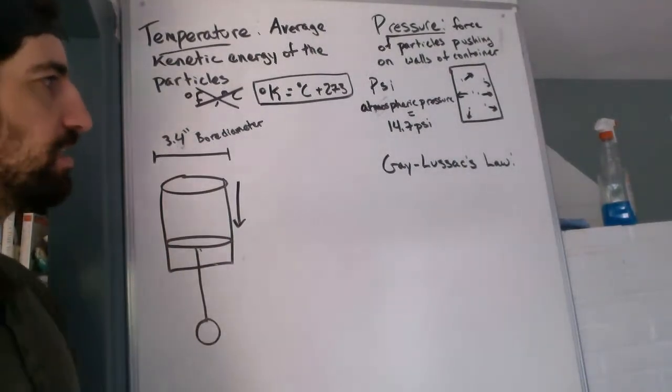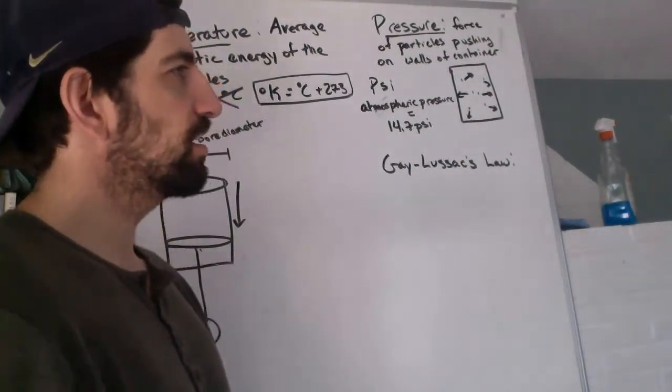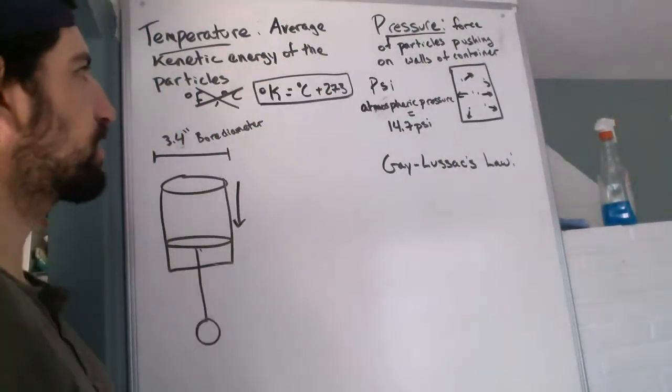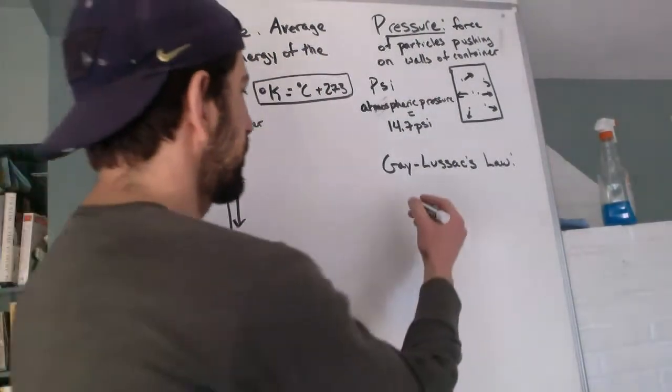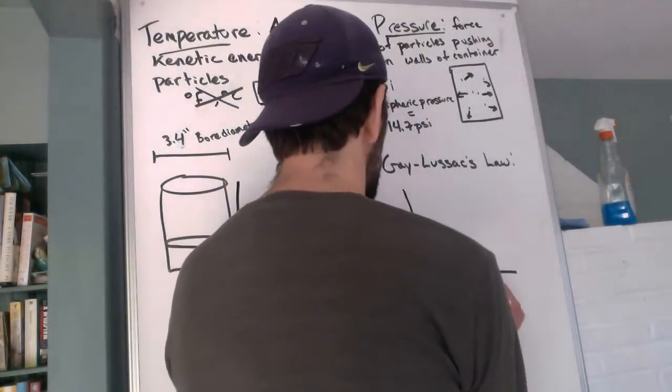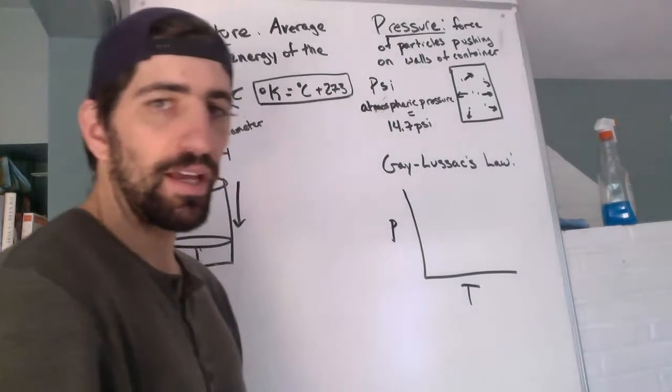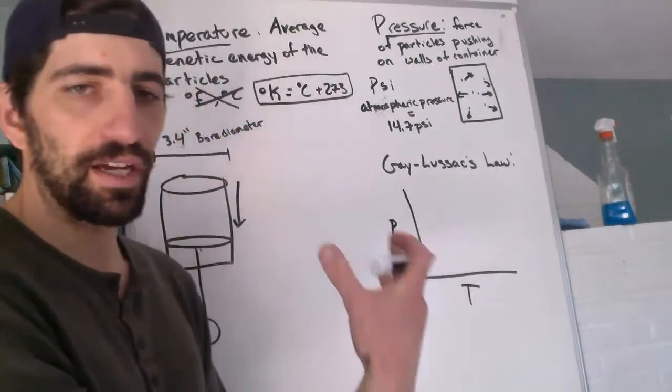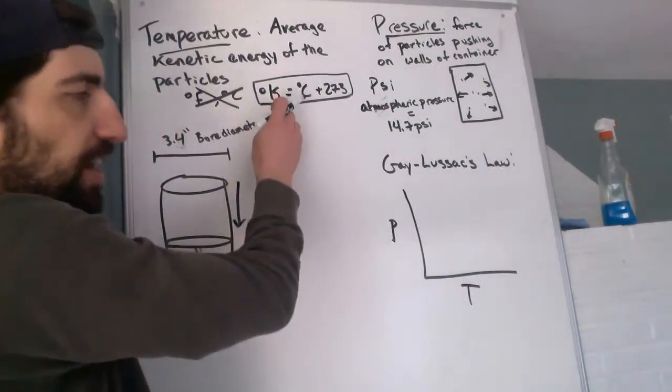So how do we use that to figure out how much force is being pushed down on the cylinder? There's going to be a relationship between temperature and pressure. If I make a graph with pressure on the y-axis and temperature on the x-axis, as I increase temperature, I heat up gas particles, and they're going to be moving faster and faster.